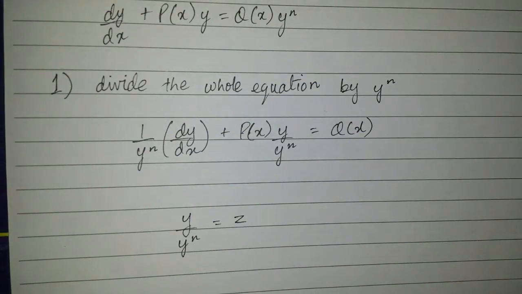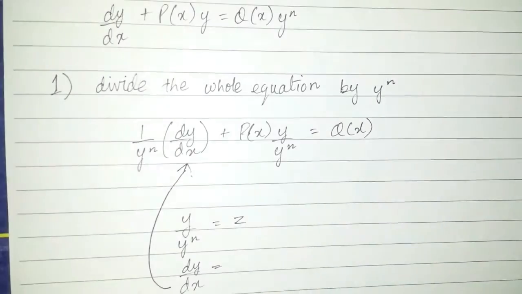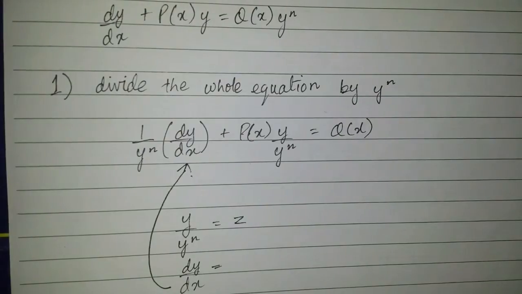So differentiating this substitution, we would get a value for dy/dx, and then we will substitute it here. So the equation would look like this. The whole equation would become in terms of z and x, where z is the dependent variable and x is the independent variable.